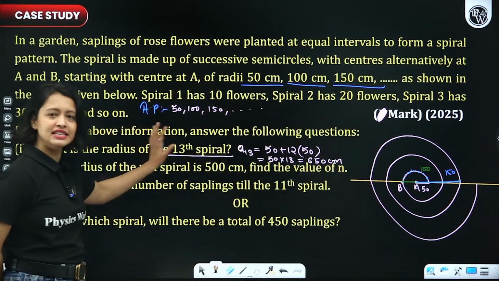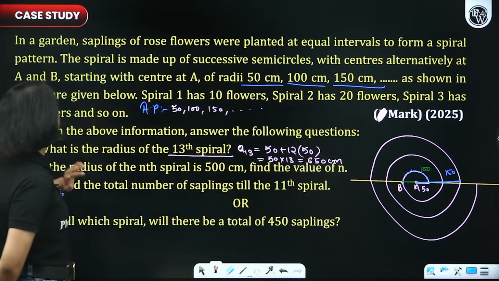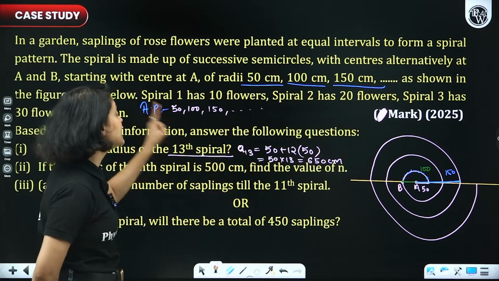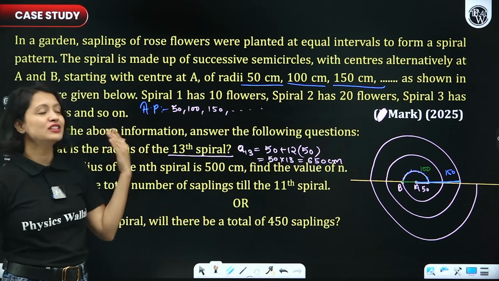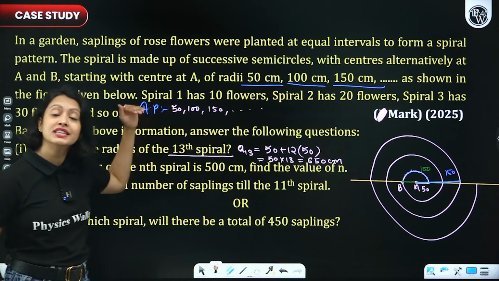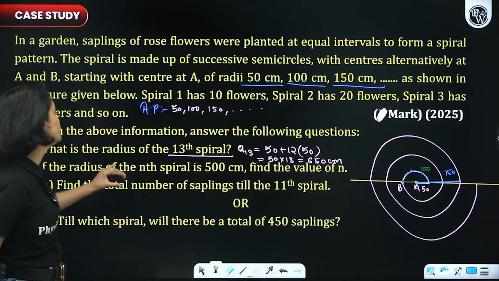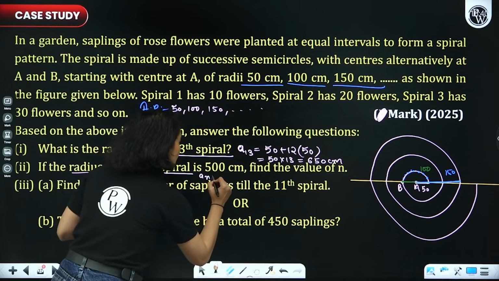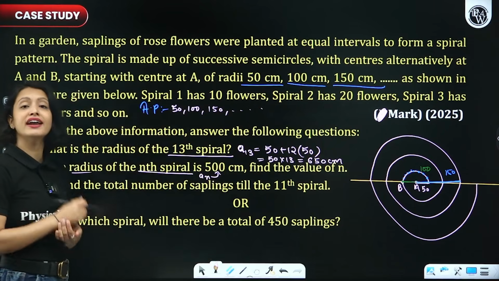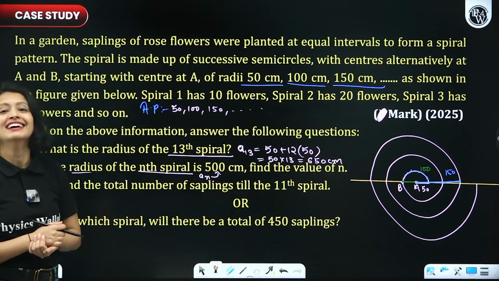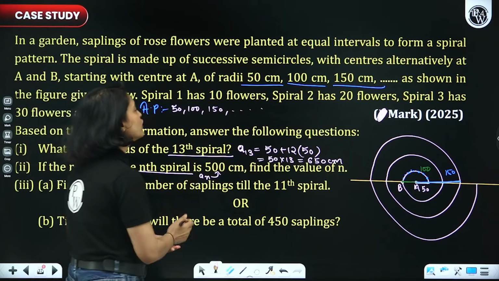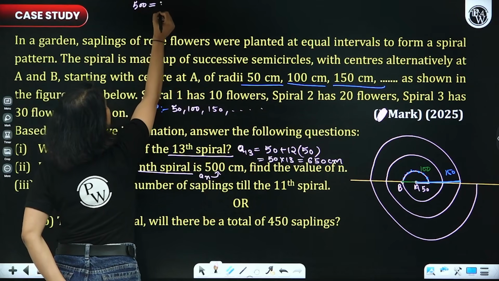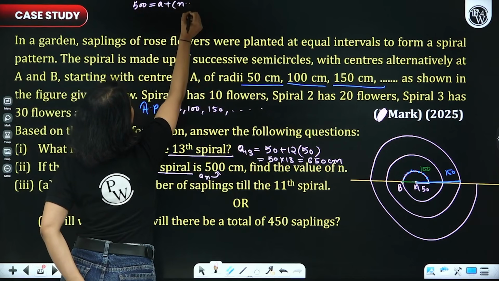Okay, I think this was easy. Second part: if the radius of the nth spiral is 500 centimeters, then find the value of n. Again, they have asked the question from this AP only. They are giving you the value of the term, so an is 500 and n's value is being asked. You will use the formula an equals a plus n minus 1 d.